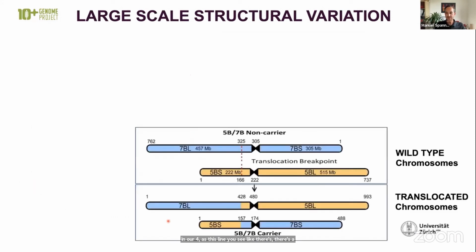And this is actually a translocation. Whereas the wild type chromosomes here are 7B and 5B with no breakpoints, these translocated chromosomes have a certain breakpoint here, and the translocation between 7B and 5B is present in a few cultivars.